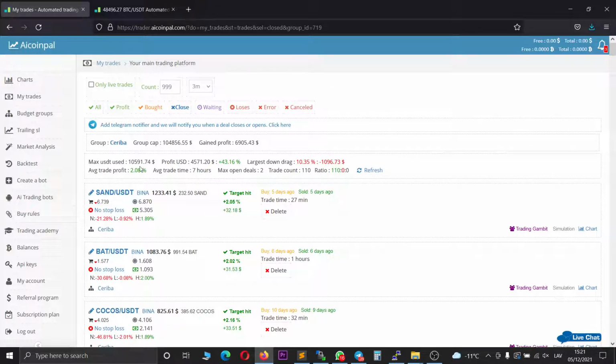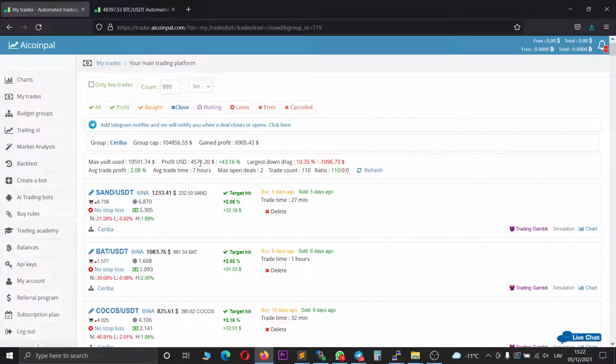So let's look at the next numbers. Using those $10,000, the bot has made 5,000. I mean, like 4,500 to be approximate, and it's 43% of the overall money that's been used for the trading. So in 3 months, it has earned approximately 43% of the amount it has been using.